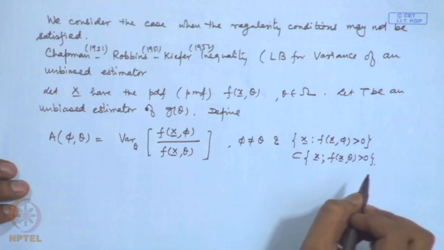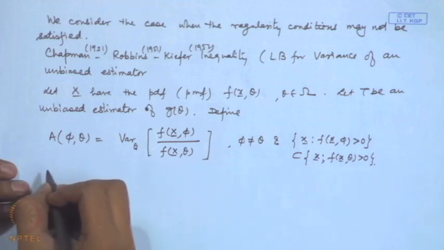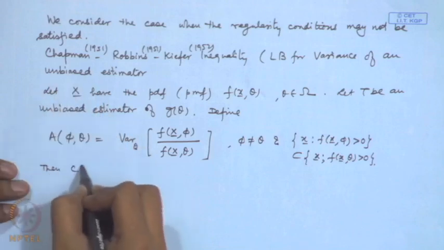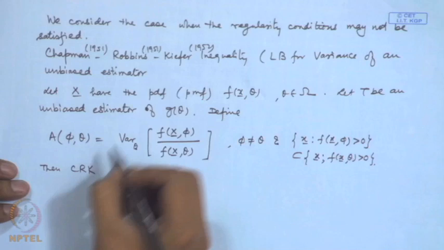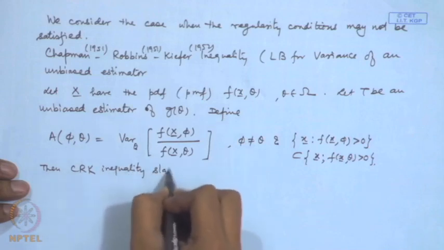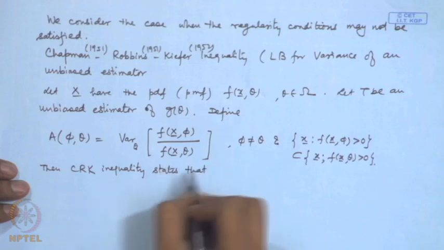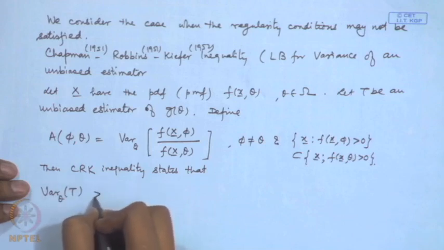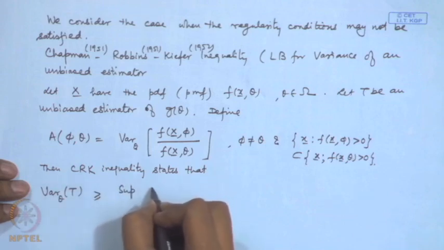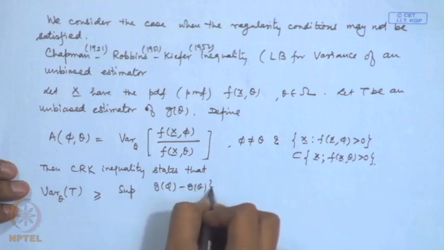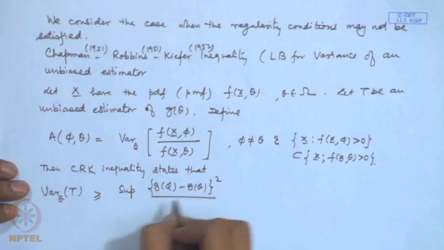Now, the CRK inequality, that is the Chapman Robbins Kiefer inequality, states that the variance of T is greater than or equal to the supremum of (g(phi) minus g(theta)) whole square divided by A(phi, theta).